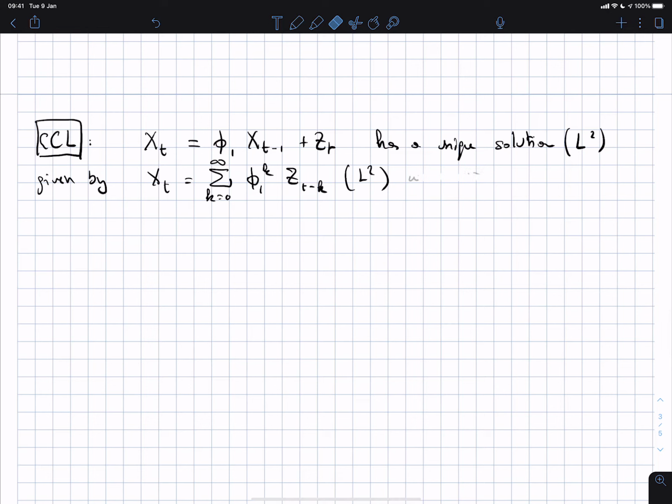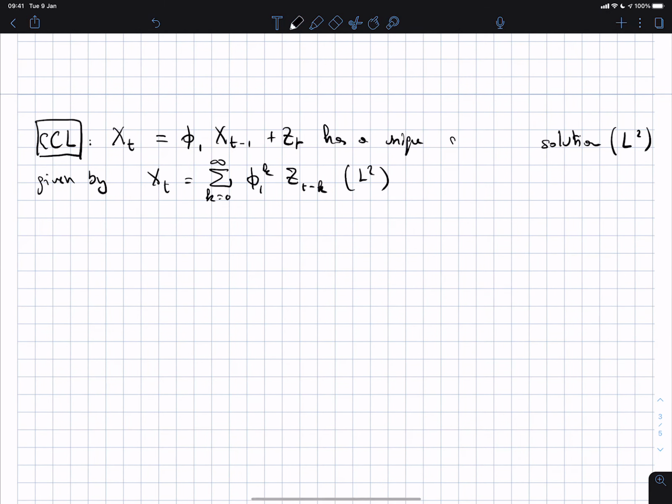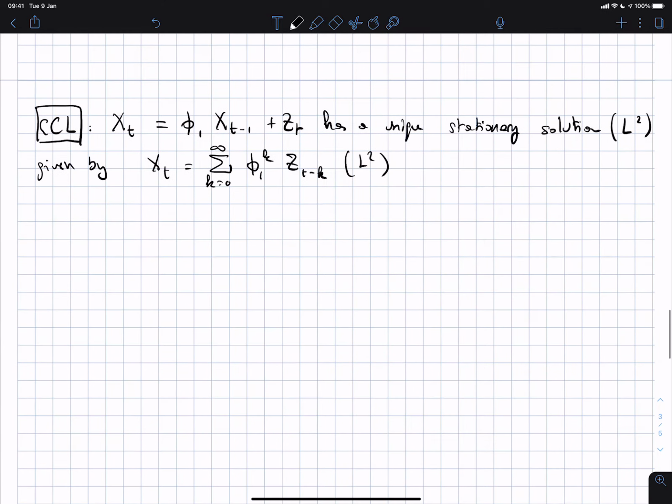Sorry, I'm not entirely correct here. It has a unique stationary solution given by this, with mean 0, and with covariance, which is a function which is never 0.